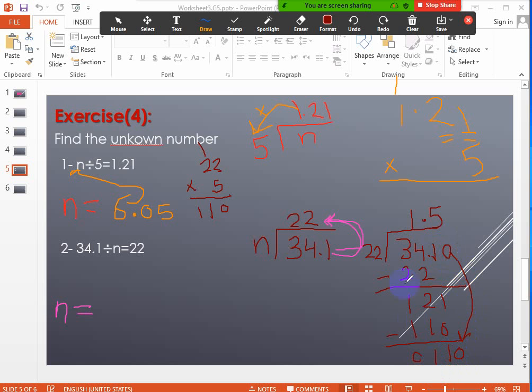Now 110 divided by 22 will also be 5, because when we multiplied 5 by 22, it was 110. So 5 multiplied by 22 equals 110. Now if we subtract, I don't have a remainder. So now the unknown number is 1.55.